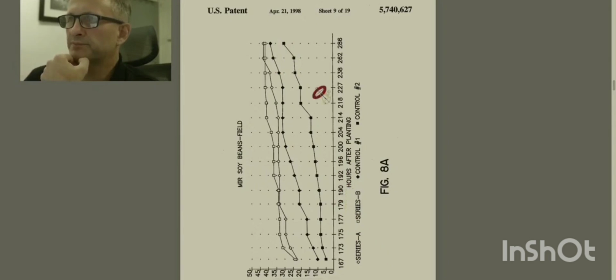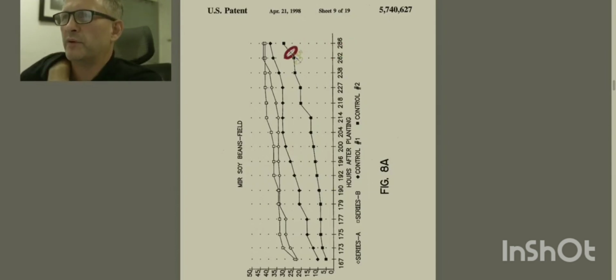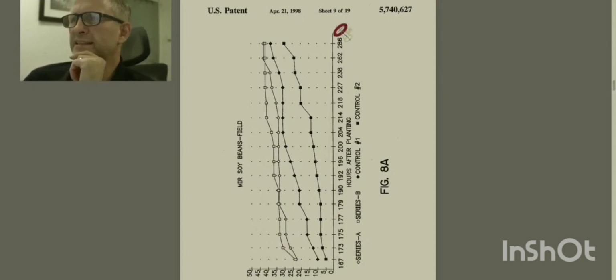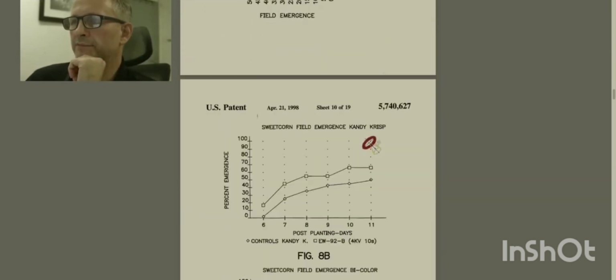But if you look here in this control group 2, at the 286 hour point, 30 seeds have germinated there, but that's already happened at 173 hours in this case. So it's more than 100 hours before you got the same number of seeds coming up. Okay, this is just so much better for a farmer.